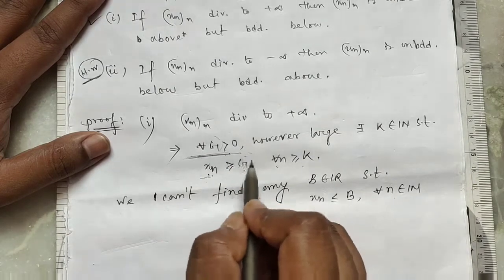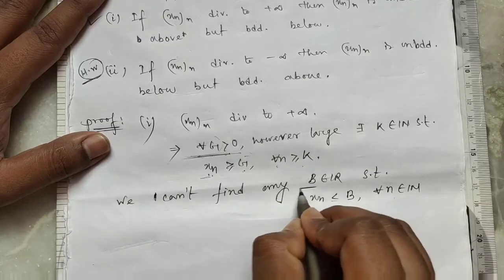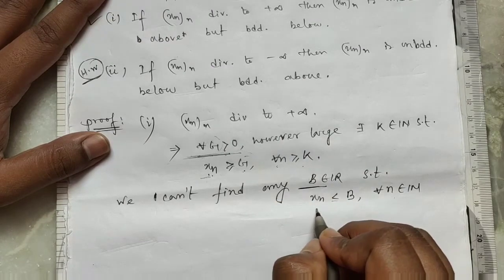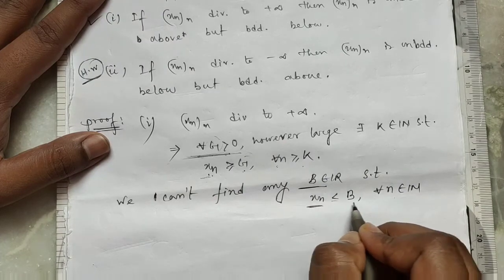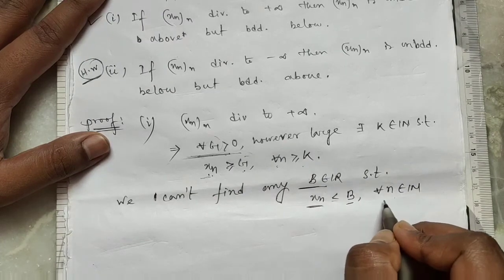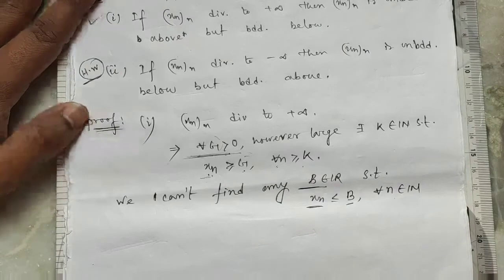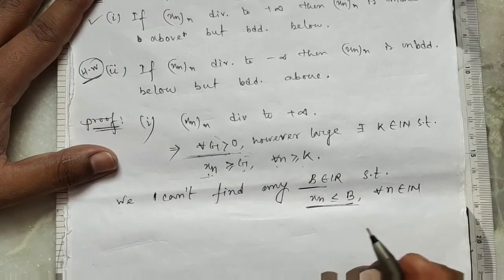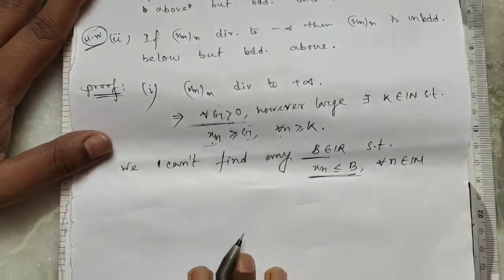So we cannot find a particular real number such that every element of the sequence is less than or equal to that number. This cannot hold for any b.